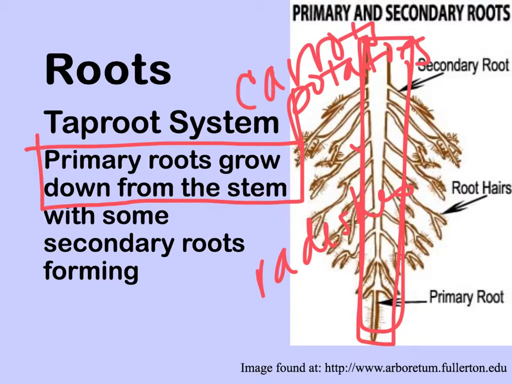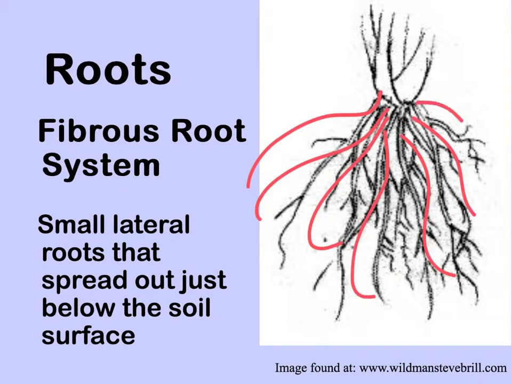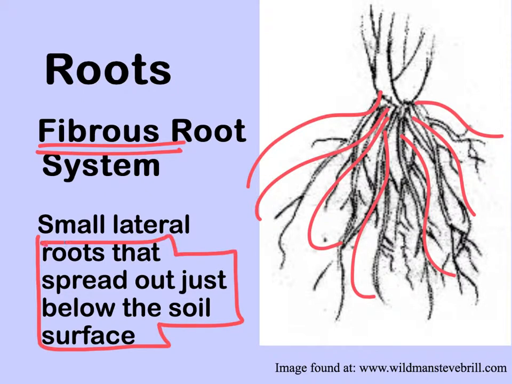The next kind, obviously, are these more hairy looking things that spread out. These are called fibrous roots, and they are roots that spread out just below the soil surface. So that's what you're going to write for your definition on your review. Roots that spread out just below the soil surface.